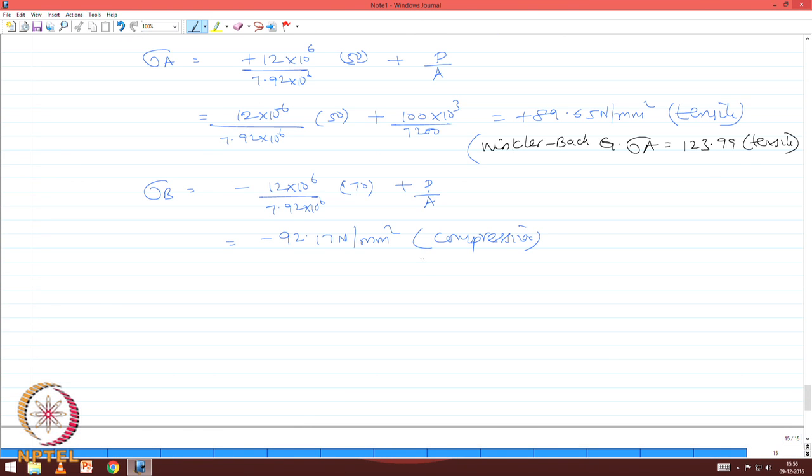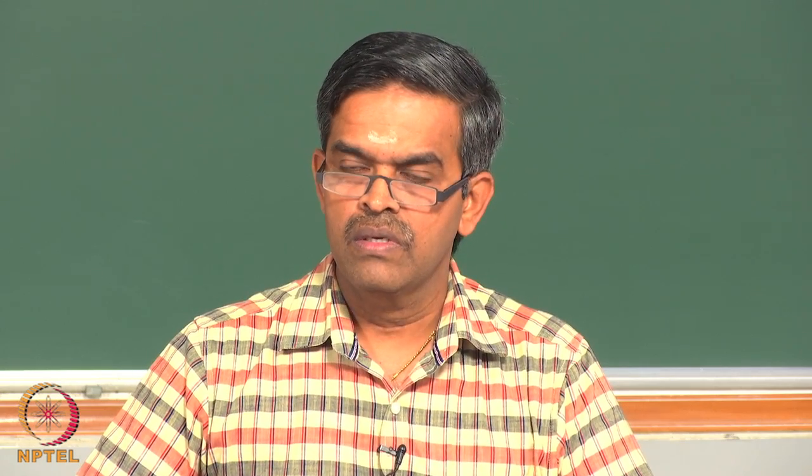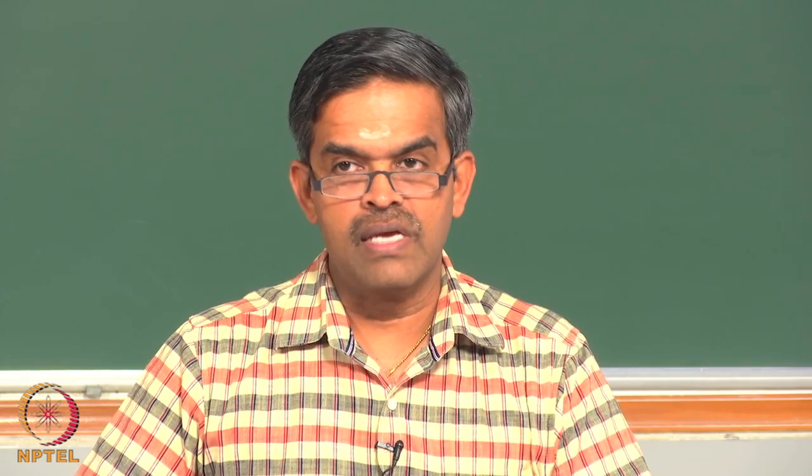So, Winkler-Bach equation gave me sigma B as minus 63.95 Newton mm square compressive. So, there is a significant variation between the straight beam equation and the Winkler-Bach. If you do not use an appropriate equation for curved beams to find out the stresses in the extreme fibers in the intradas and extradas, the design can go wrong.